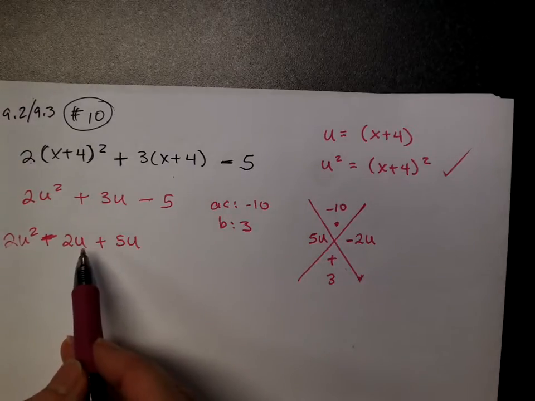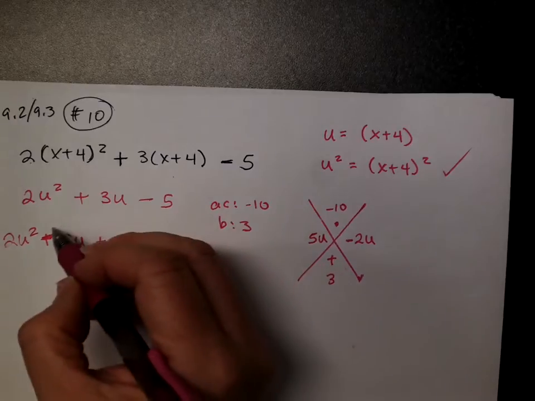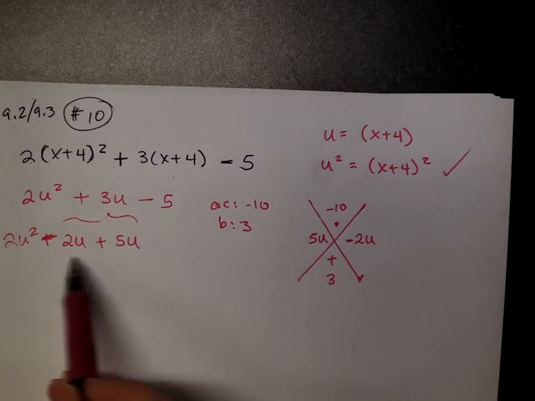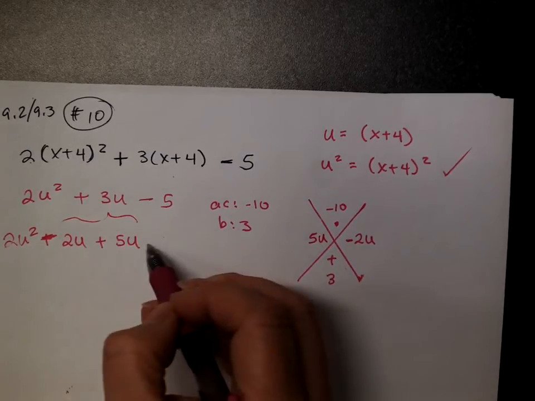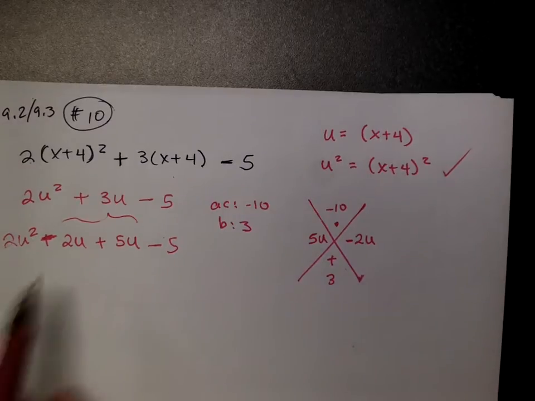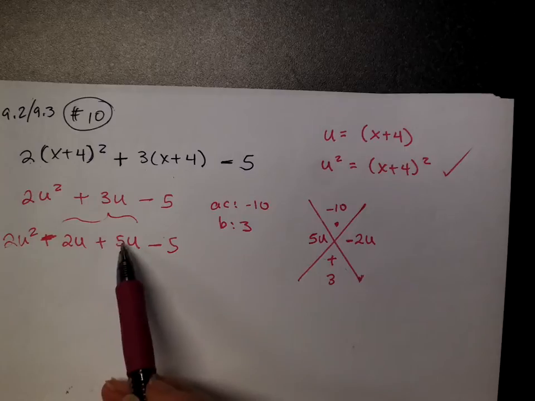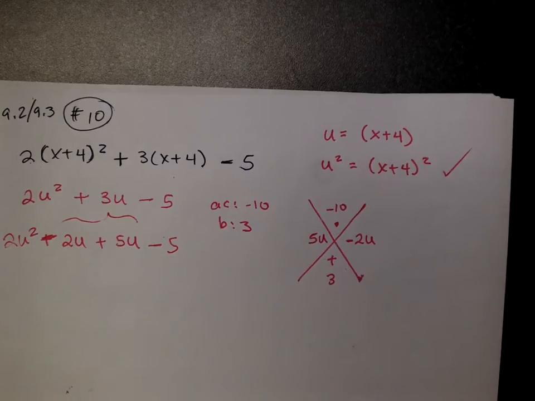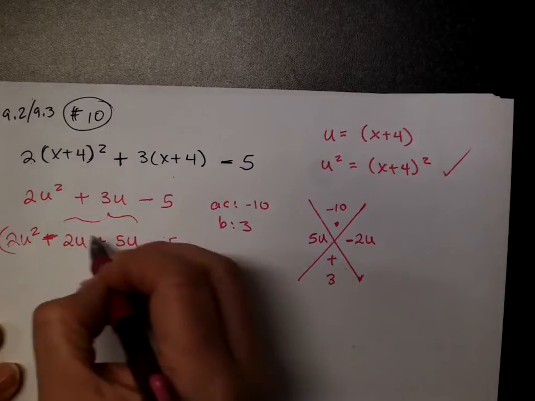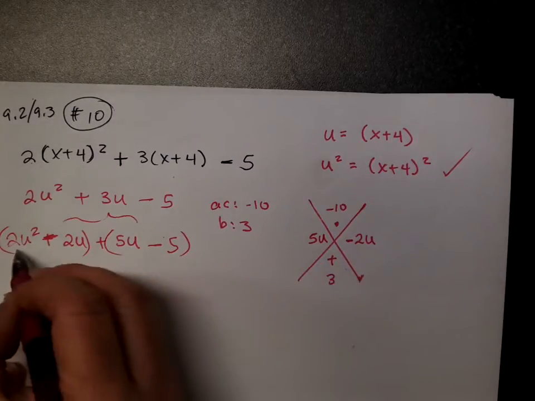Why make my life more difficult if I have a choice? The order doesn't matter. These add up to 3u either way. And then minus 5. If you wrote it as plus 5u and then minus 2u, that's fine, but then you have to change that to plus a negative 2u and take out a negative GCF. So it's an extra step. Because I kept that plus in the middle, I can pull my groups out right away.